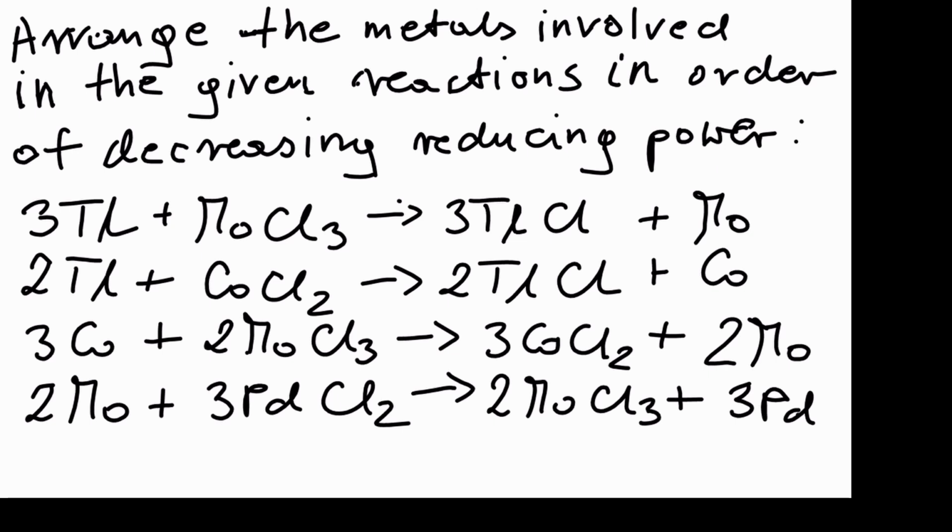So we have four different reactions, with metals or compounds in which those metals are included. We have four different overall reactions and four different metals, atoms, and metal cations.